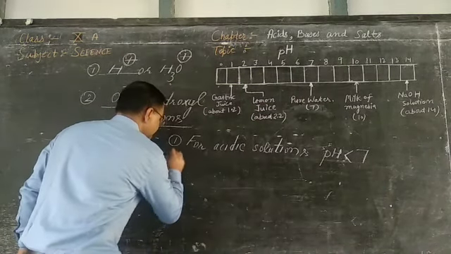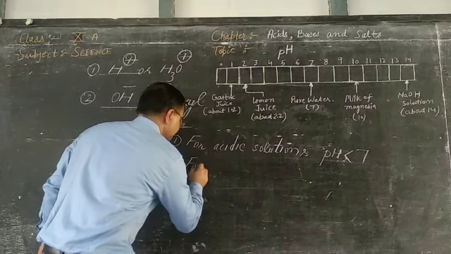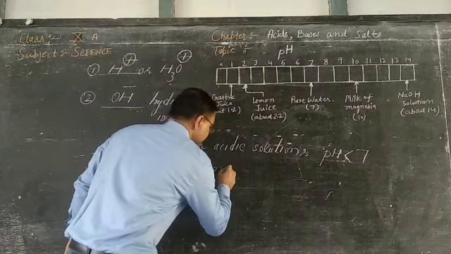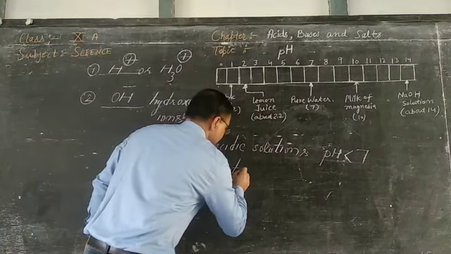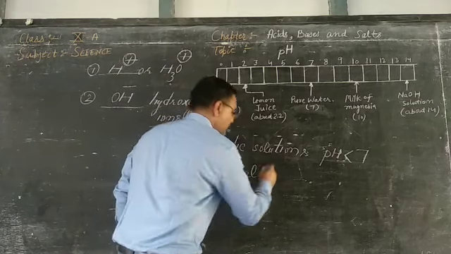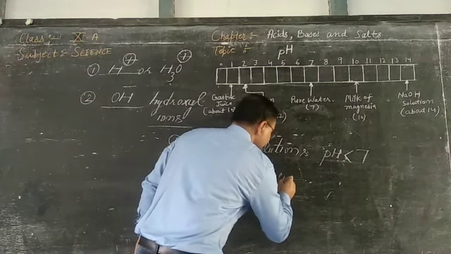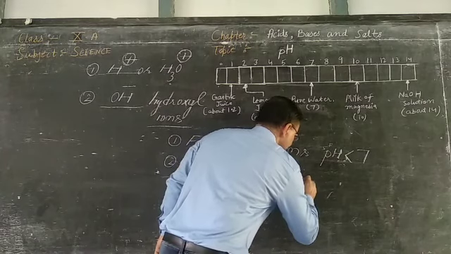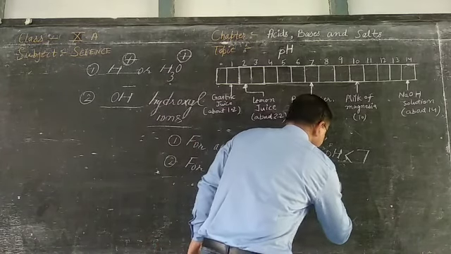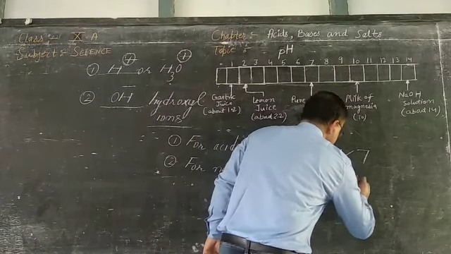And for neutral solution, pH is equal to 7.